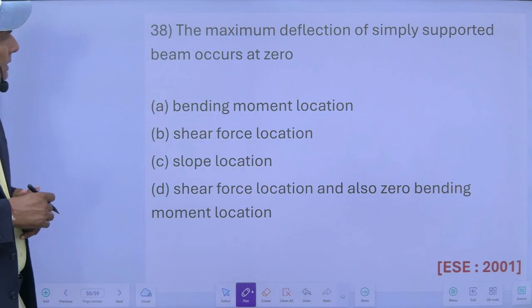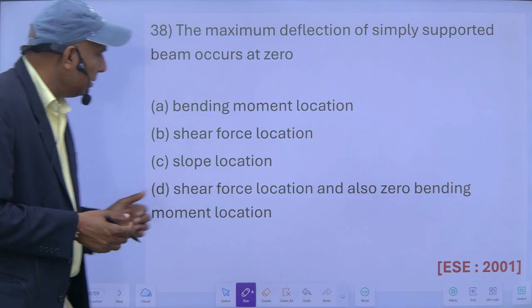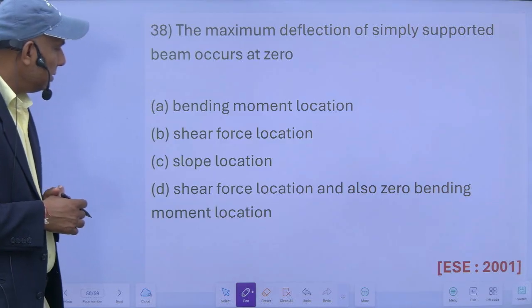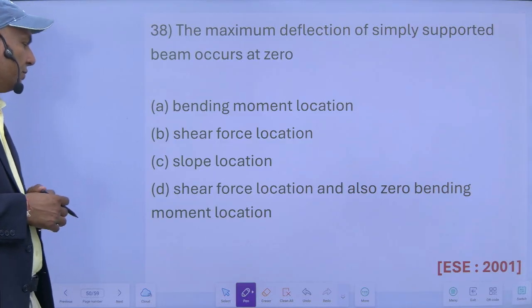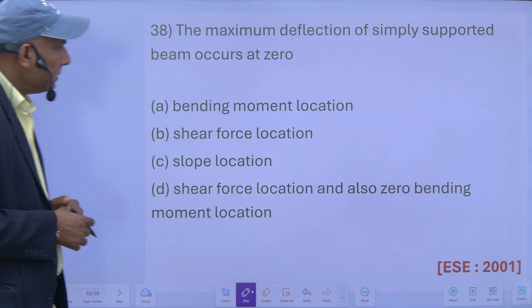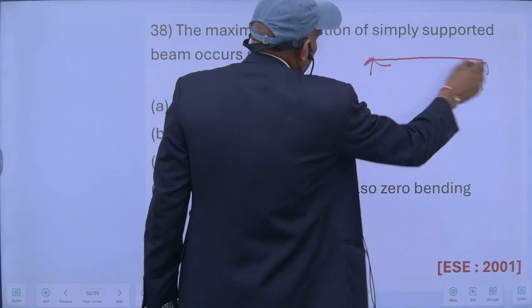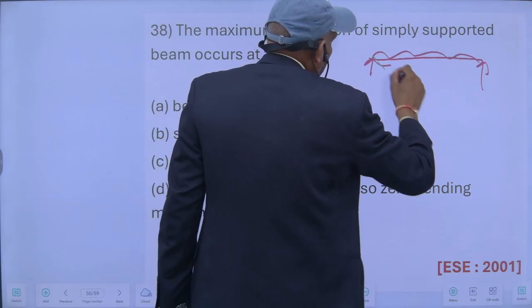The maximum deflection of a simply supported beam occurs at which location: zero bending moment, shear force, slope, or zero bending moment locations. Suppose this is my simply supported beam carrying a UDL, it will deflect like this.